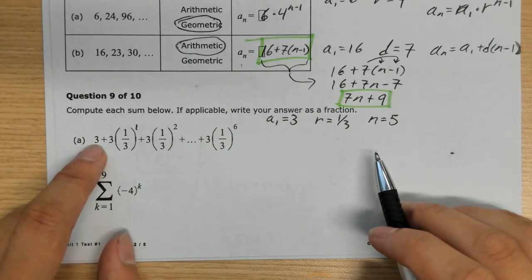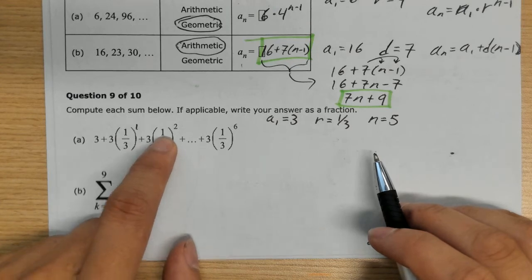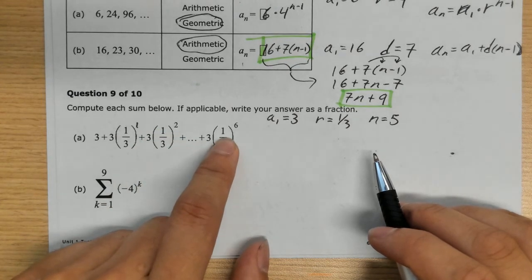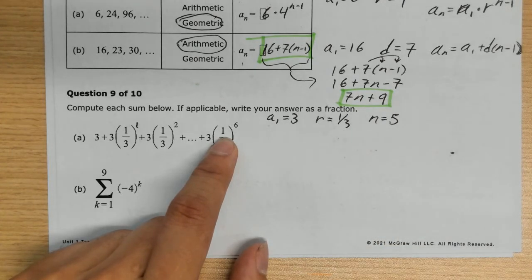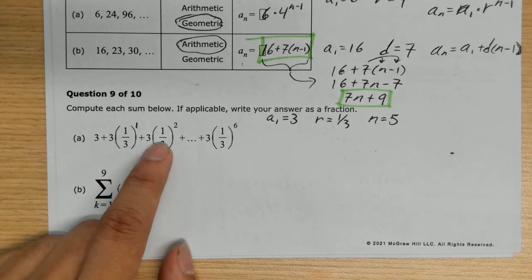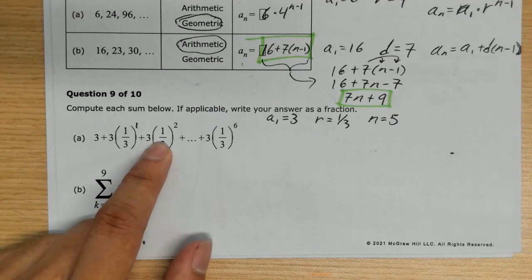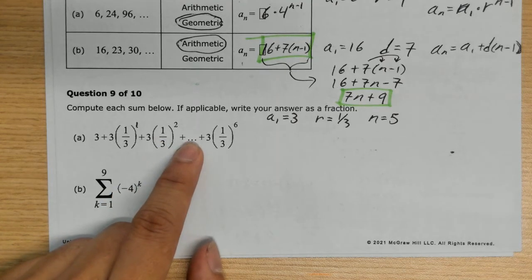This is first, second, third. Well, this has to be the 5th. Because the fourth one is to the power of 4? Or no, it's not. The third one is to the power of 2, so you're only subtracting 1. The fourth one will be to the power of 3. Oh no, yes, it's the 7th. I was right.